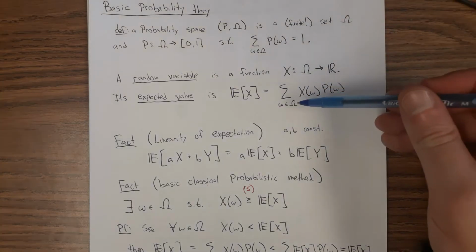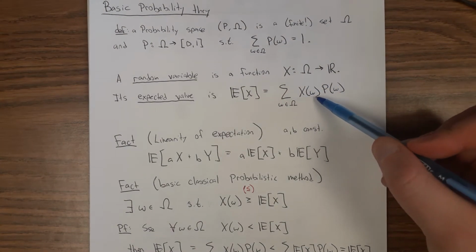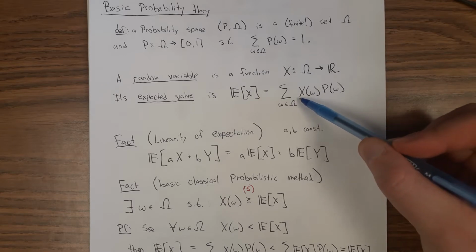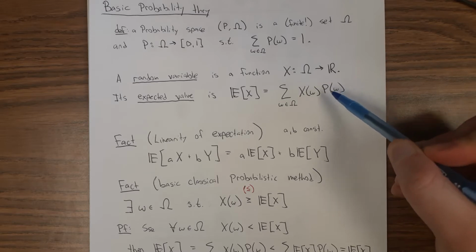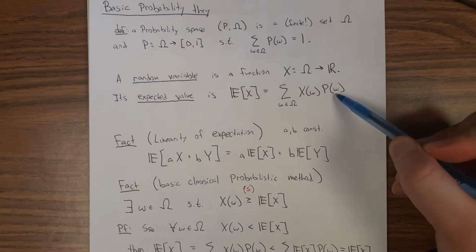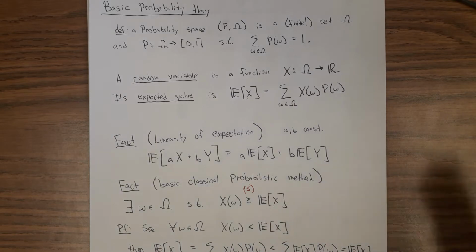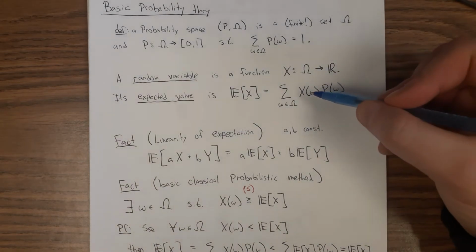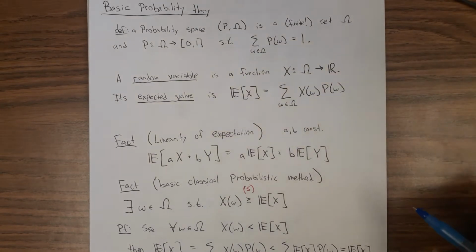And what we're doing when we take this sum is taking a bunch of values of this function and multiplying each one by its own number, and these coefficients, the P's, all add up to 1. So in that sense, this is a weighted average, and each possible outcome is weighted according to its probability.